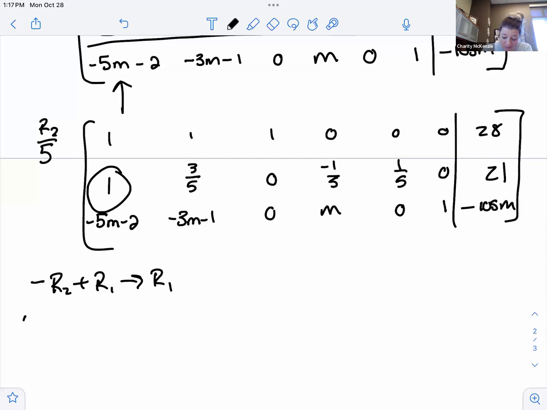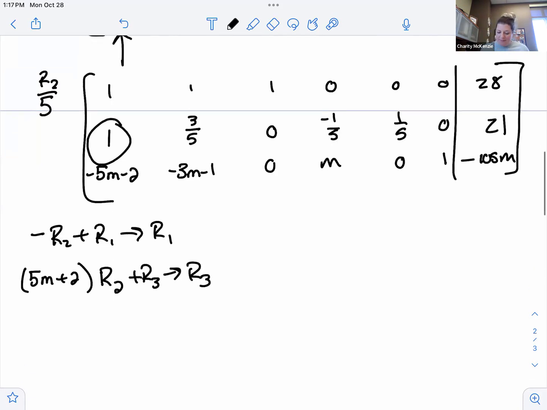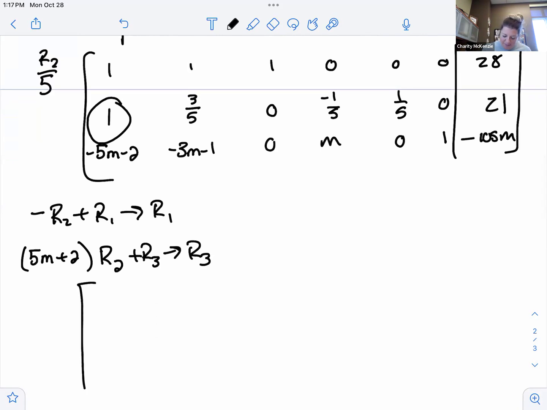Well, I'd use the opposite of what I see, which is 5M plus 2, because 5M plus 2 plus negative 5M minus 2 would make a 0. Opposite signs, you times this by the pivot row, add it to the row we want, replace it on that row we want. All right, let's now do that step.